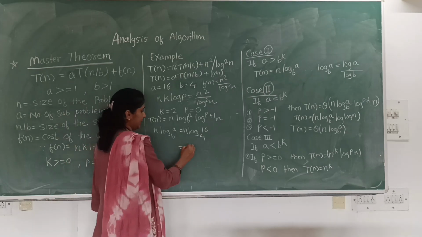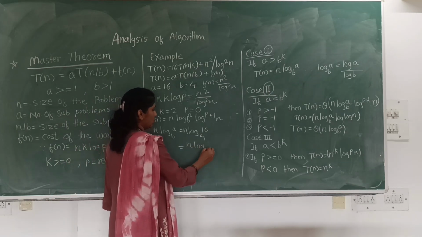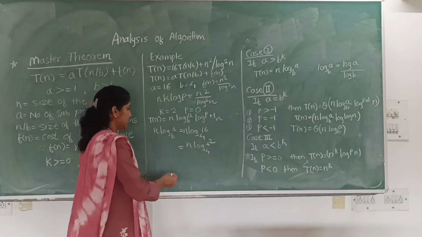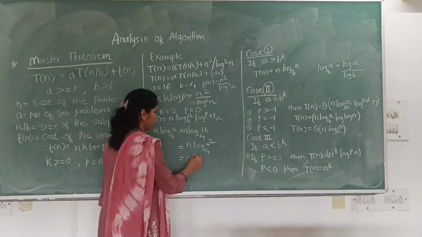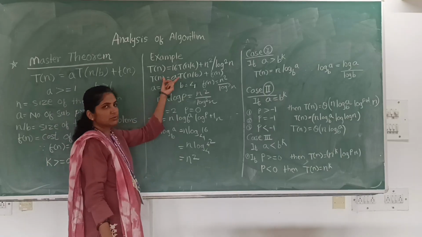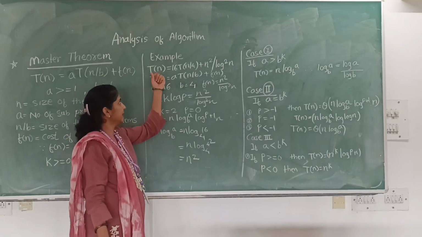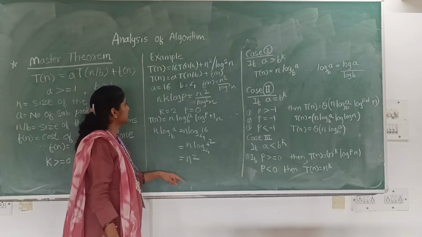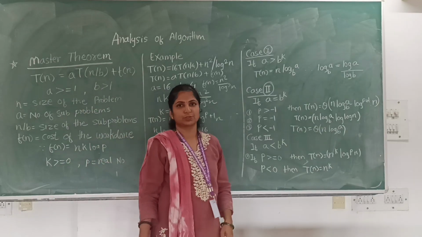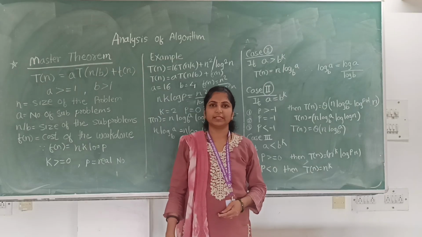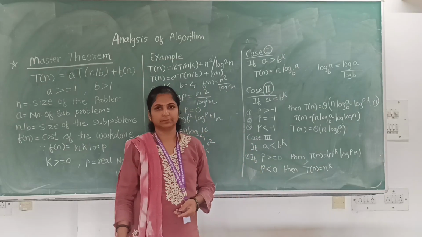So we can write n^(log 16 base 4), so we received here n squared. So now we have solved this example and the time complexity we received here using master theorem is equal to n squared. This is how we are solving dividing function with the help of master theorem.